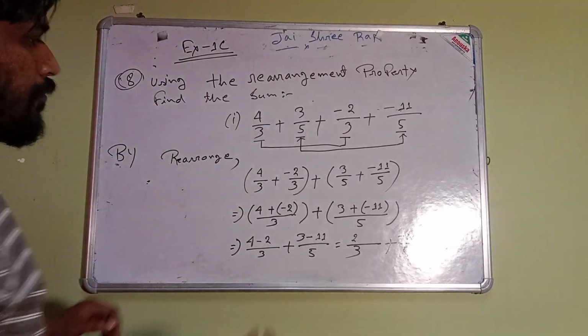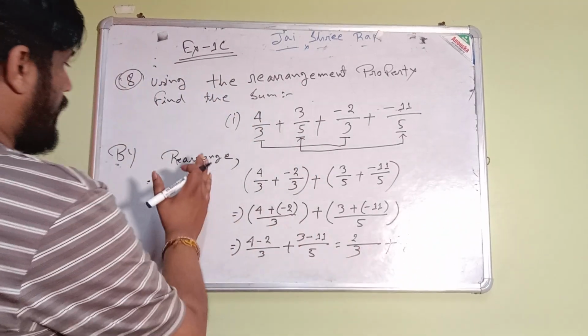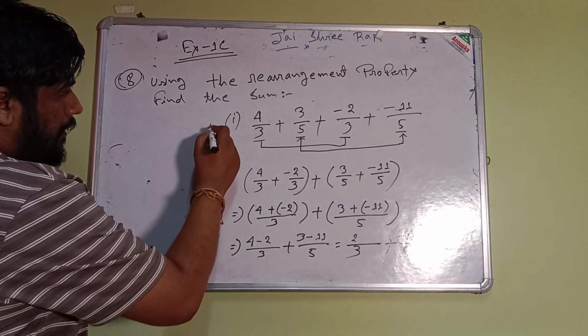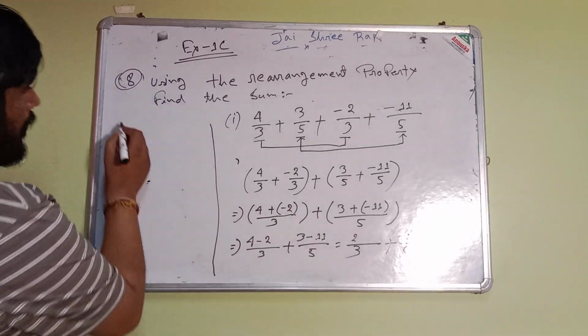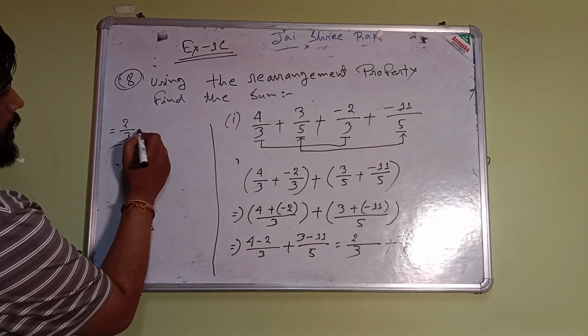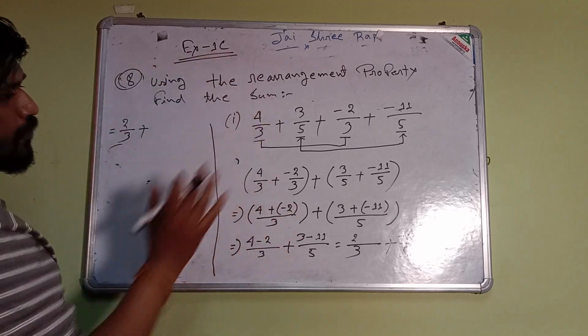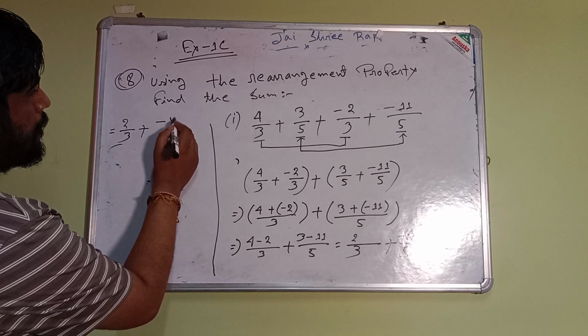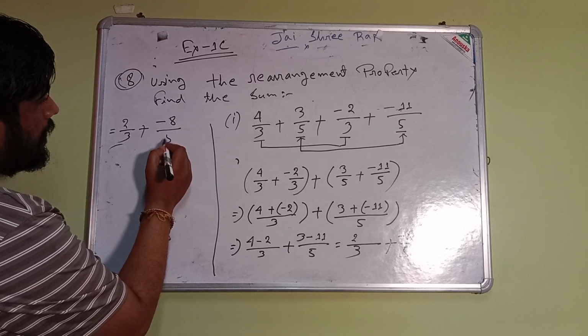Now we have to take the LCM. The number is 2/3 plus (-8/5). Actually the board is small, so you have to understand properly.